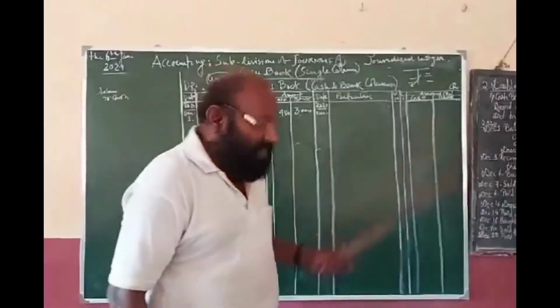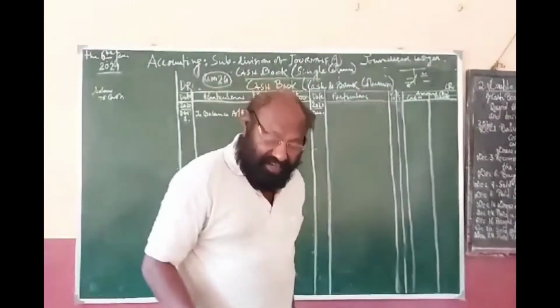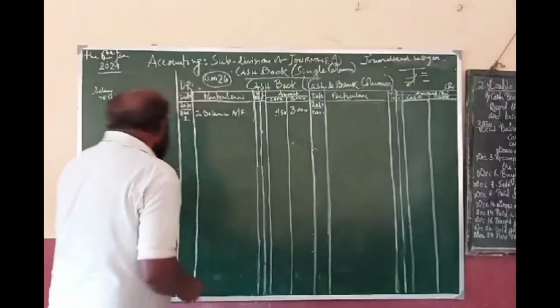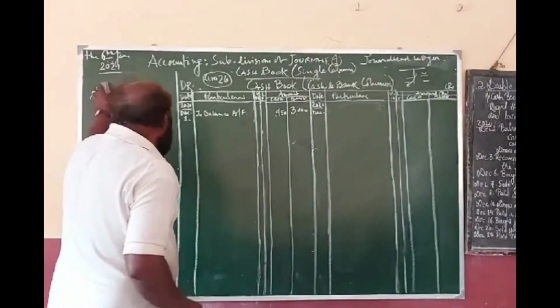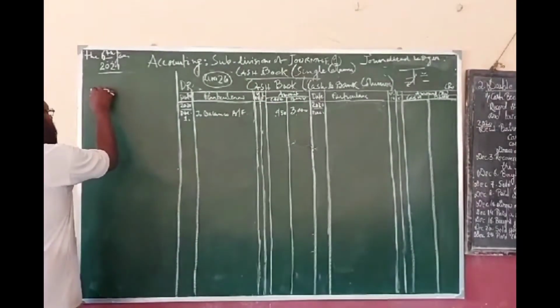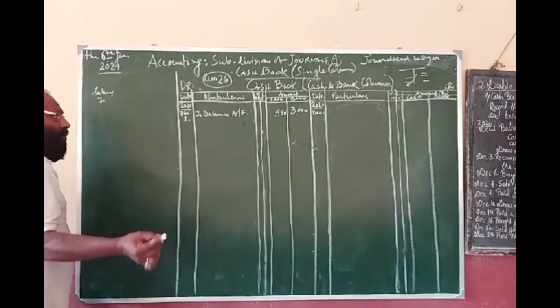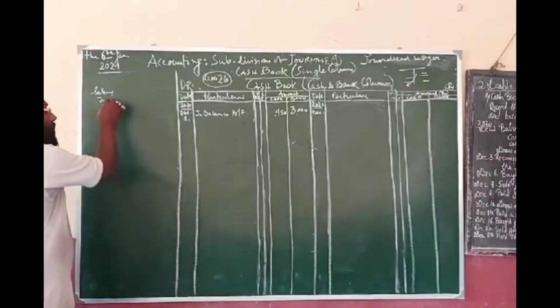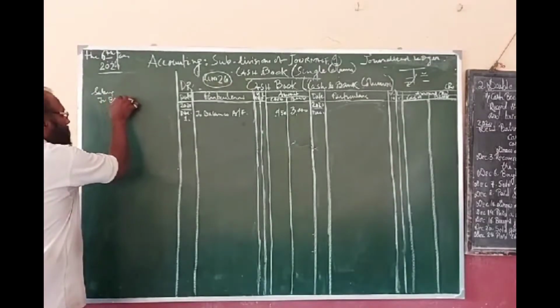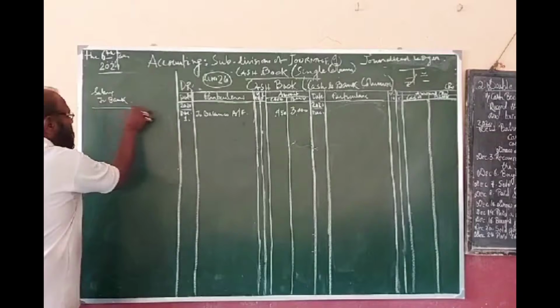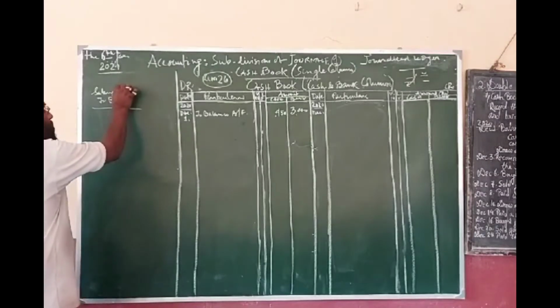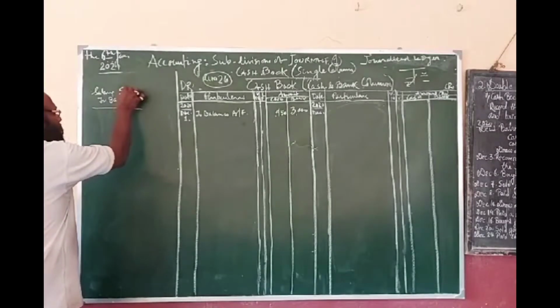So what should be the journal entry? What comes in? Nothing is coming in. For what purpose? For the purpose of salary. What goes out? Cash goes out? No. Then who is the giver? The bank is the giver. So the journal entry is salary account debit to bank, 530.